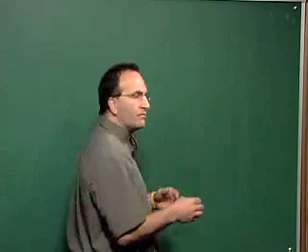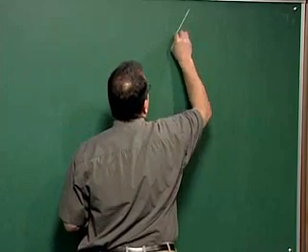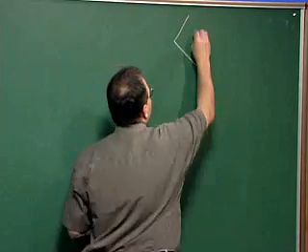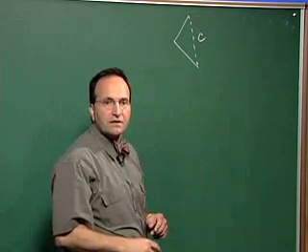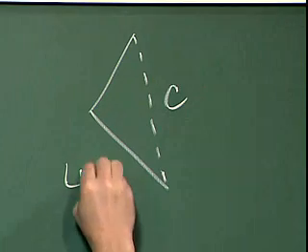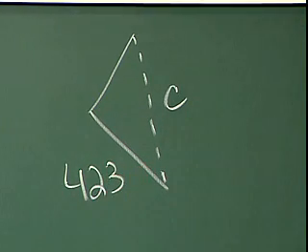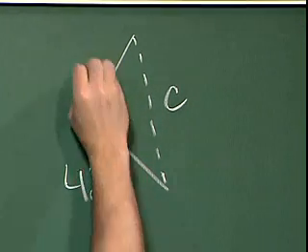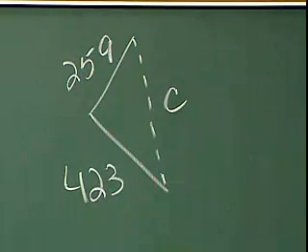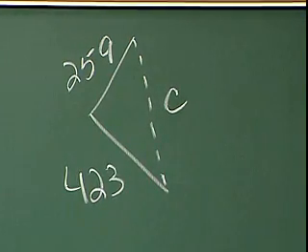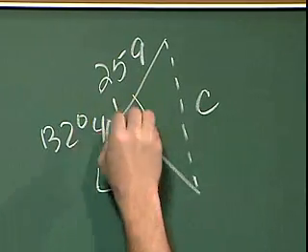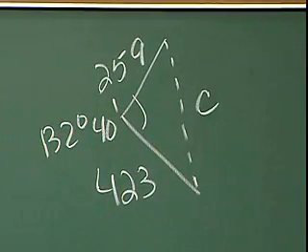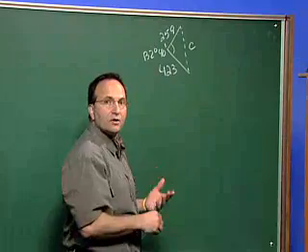I'll draw a mini version of this picture. So we have this type of situation where this is the distance across the lake. We know that this is 423 meters, and we know that this is 259 meters, and we know that this angle is 132 degrees 40 minutes. So to set up the law of cosines, it looks like this.